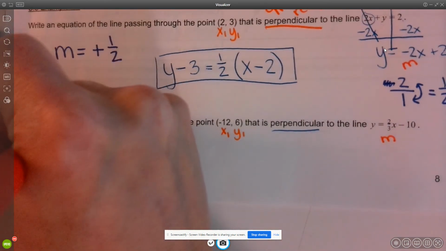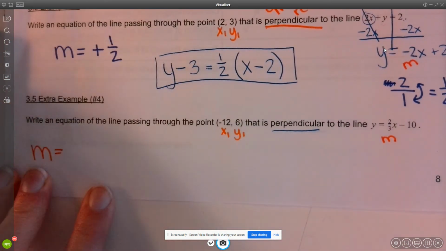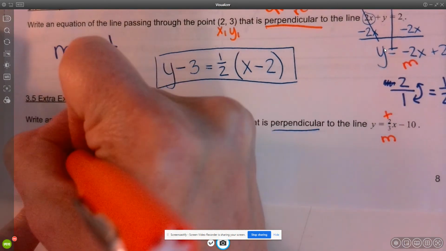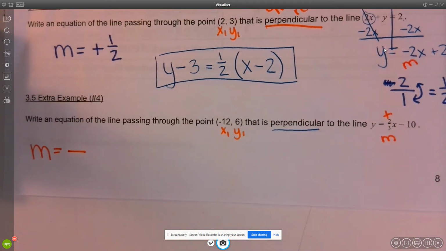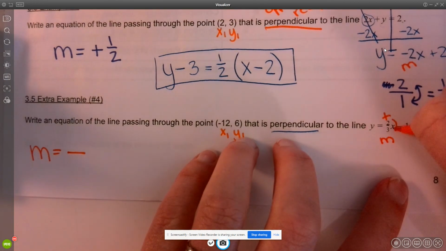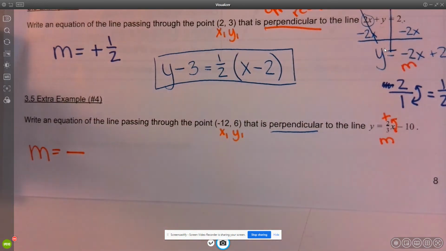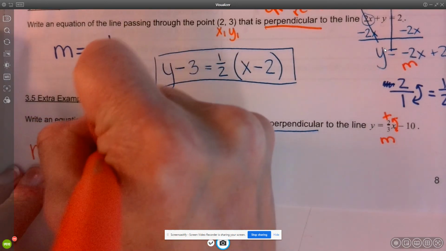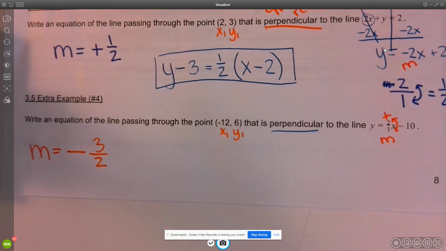So the slope of my line, remember, is an opposite reciprocal. If this is positive, my slope needs to be negative. And I'm going to take 2/3 and the reciprocal, I can get that by flipping it. So my slope needs to be negative 3/2. I am now ready to write my equation using point slope form.